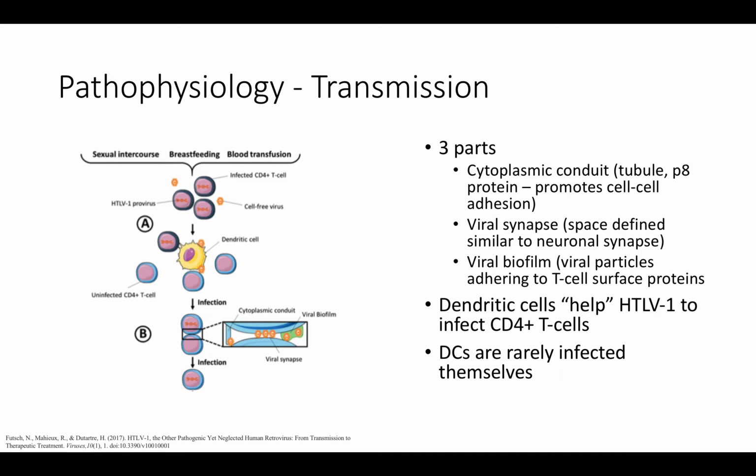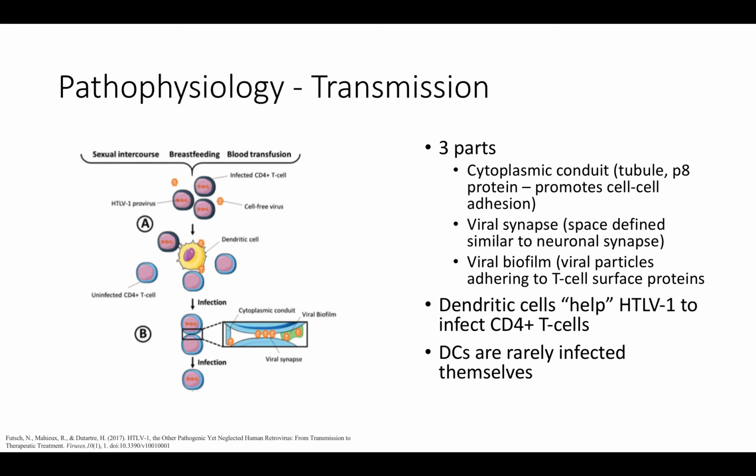And in order for this infection to happen, there is a 3-part transmission that is included in this process. How the HTLV1 virus enters the cell is very unique. It requires 2 cells, a T cell, and this is the cell that becomes infected, as well as a dendritic cell, which ends up helping the HTLV1 virus into the cell.